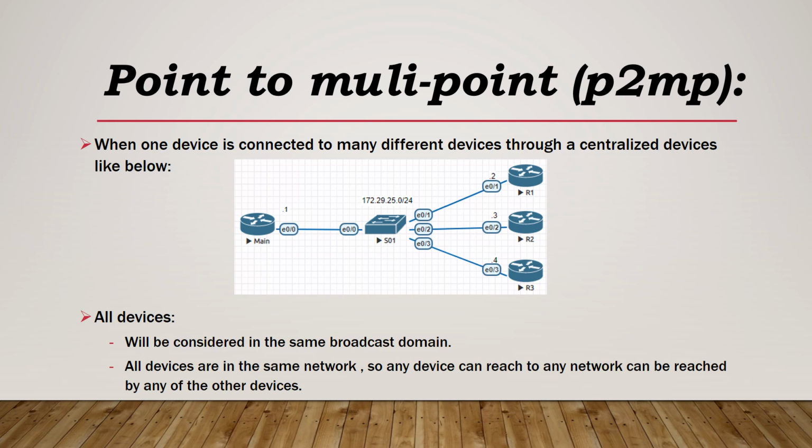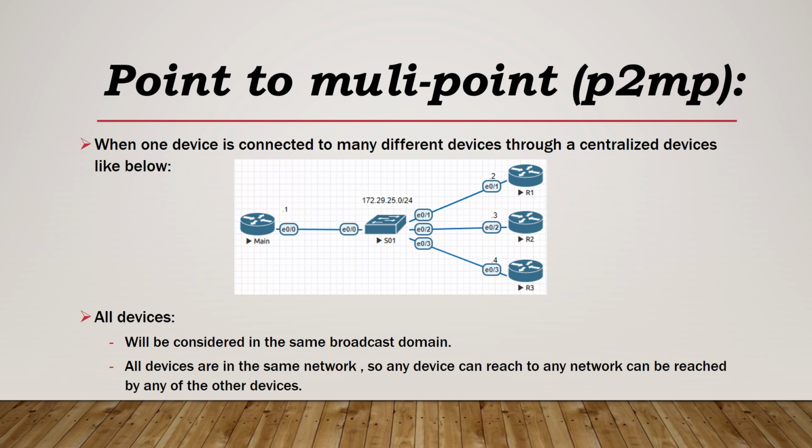This is when one device is connected to many different devices through a centralized device like the figure below. You can see the main router is connected to R1, R2 and R3 through the centralized device here, which is switch S1. So in this setup, main can reach R1, R2 and R3. R1 can reach main, R2 and R3.